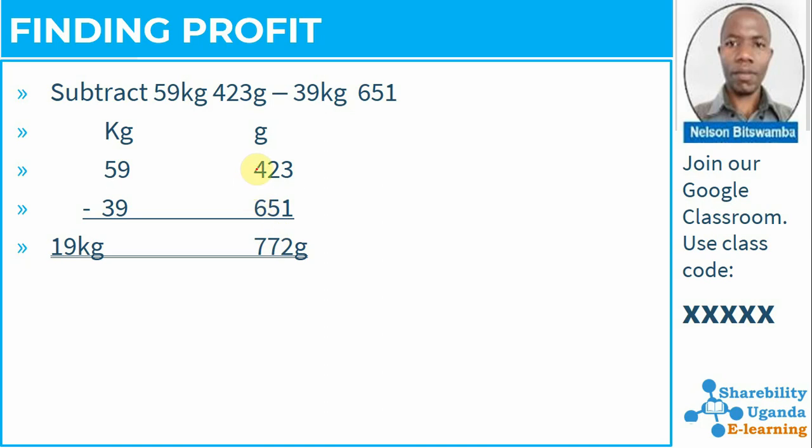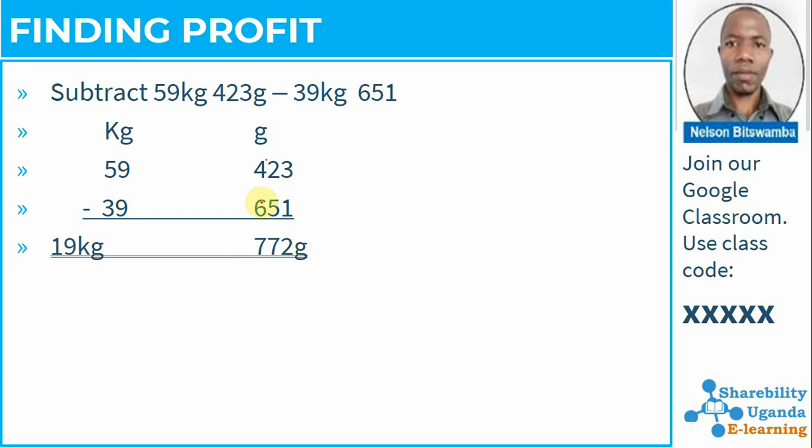But here now we have a 3. Here we borrowed and we remained with a 3. So what is 13 minus... okay. Let's try to do this very well and come up with the right answer.